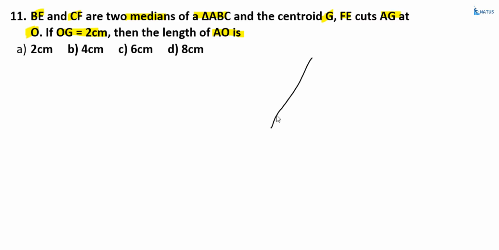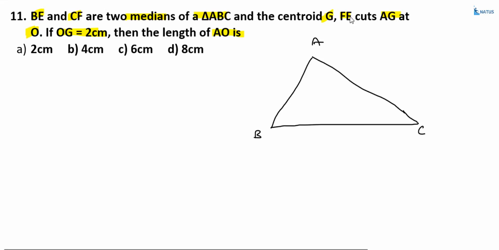Suppose any triangle ABC, with BE and CF. E is the midpoint of this side, and F is the midpoint of AB.